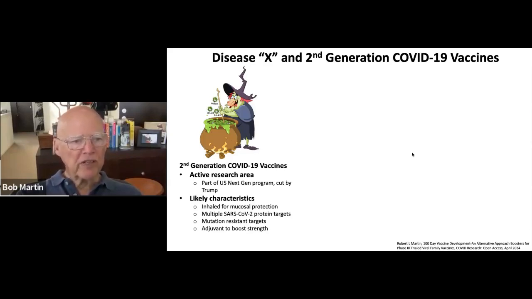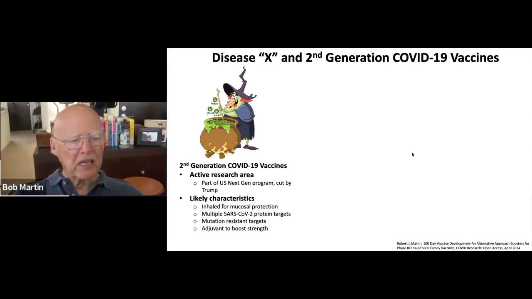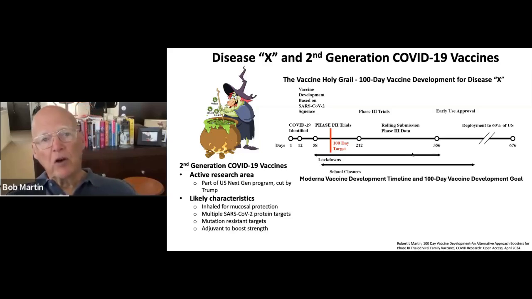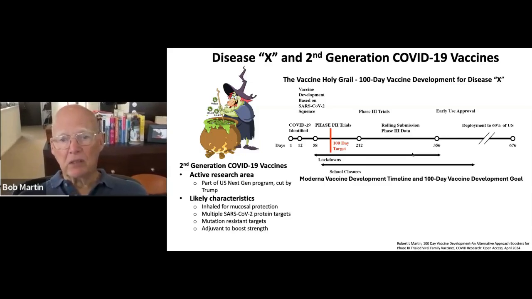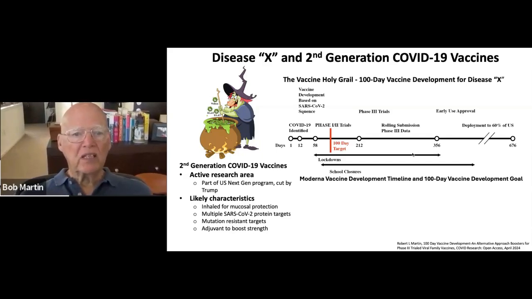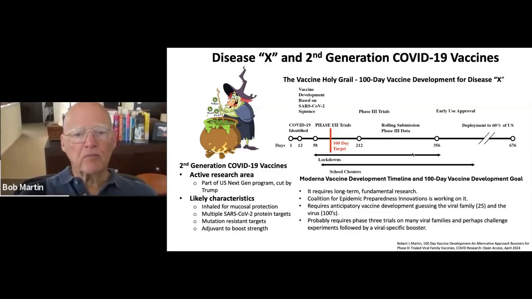You want multiple targets, and you want them to be mutation resistant targets, and you want to add a chemical called an adjuvant, which boosts its strength. Now, the holy grail is to do it in 100 days, because if you do, and you see the evolution of the trials, which take a long time, and deployment takes a long time, if you can do it in 100 days and roll it out quickly, you basically can avoid lockdowns and school closures.